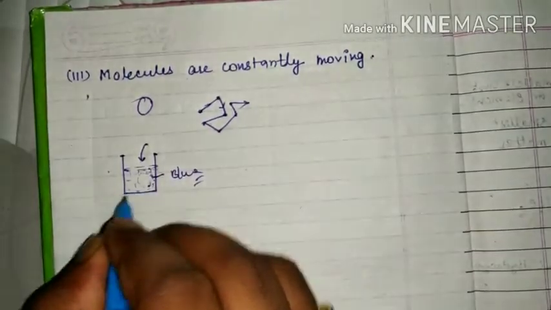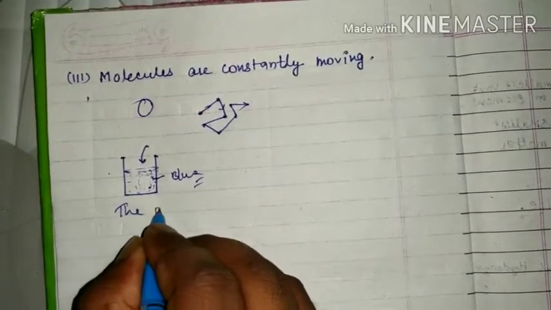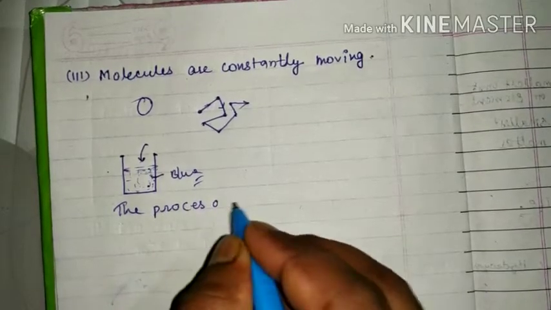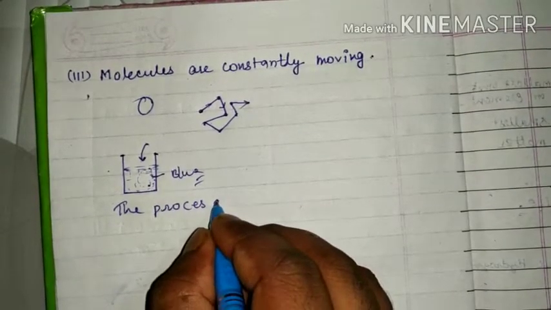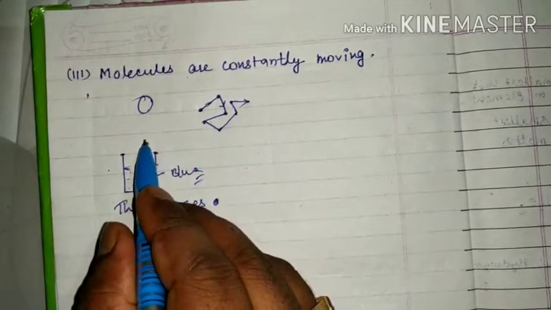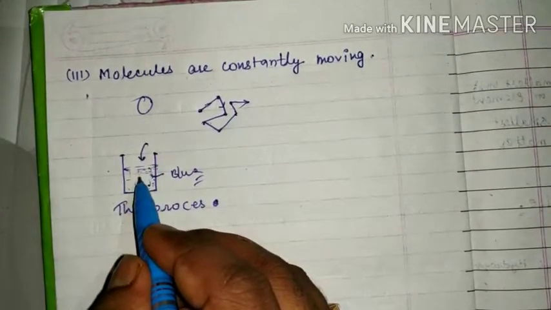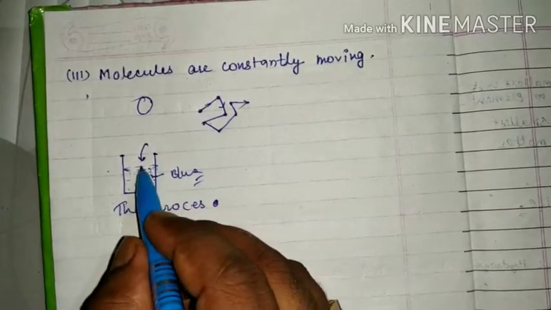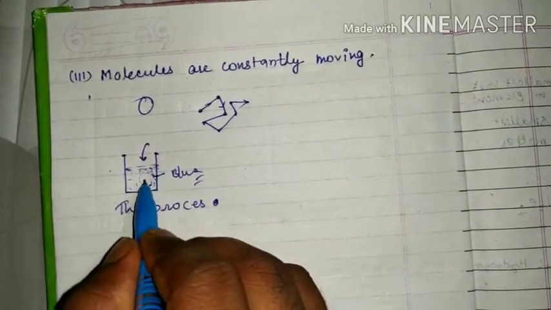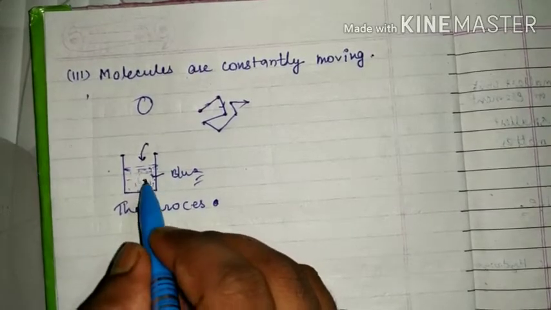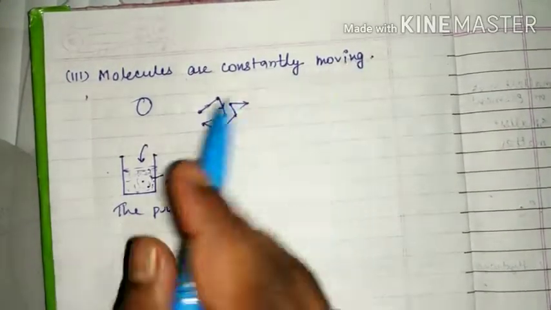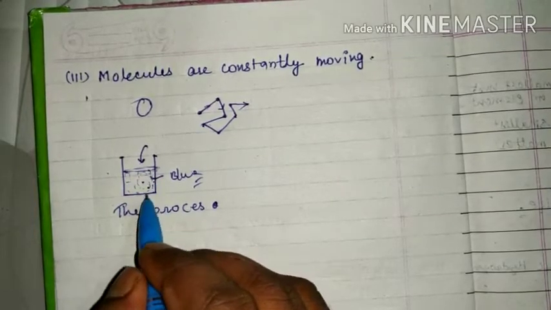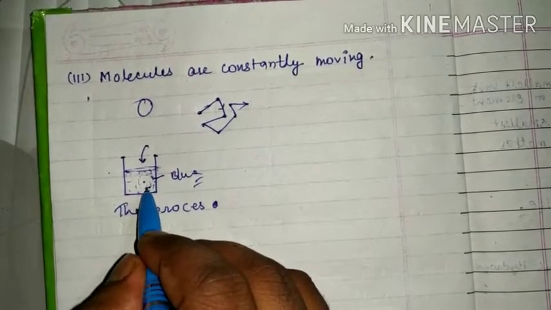Now the process in which the ink molecules in water spread through the whole water is called diffusion.